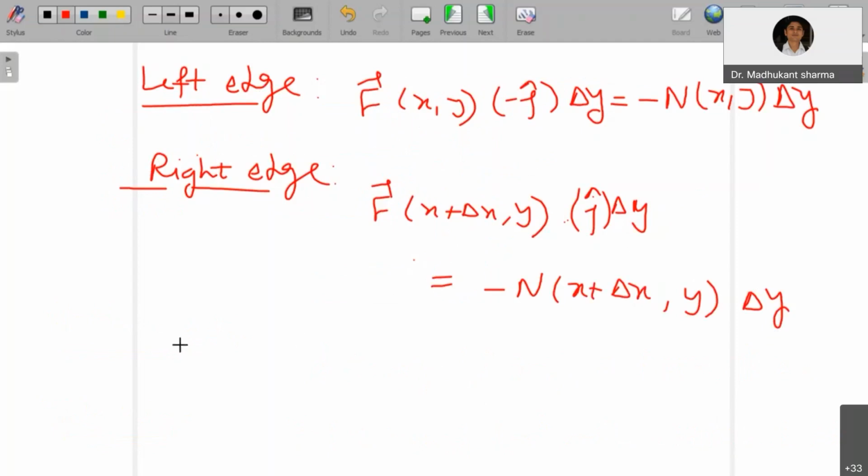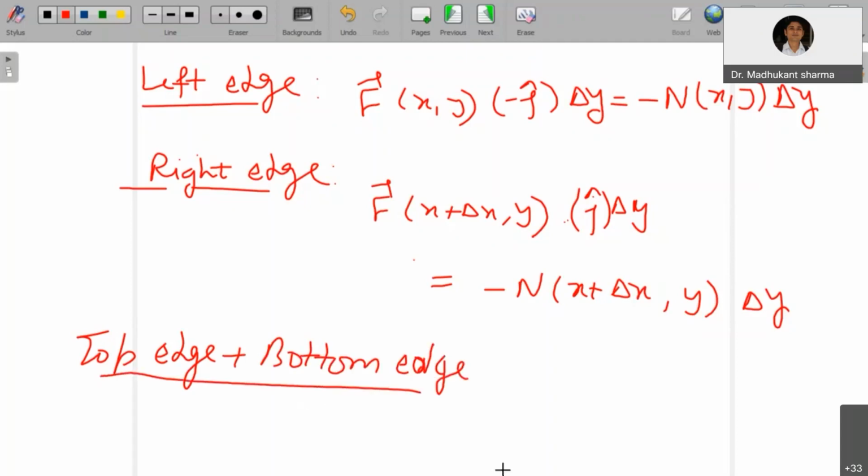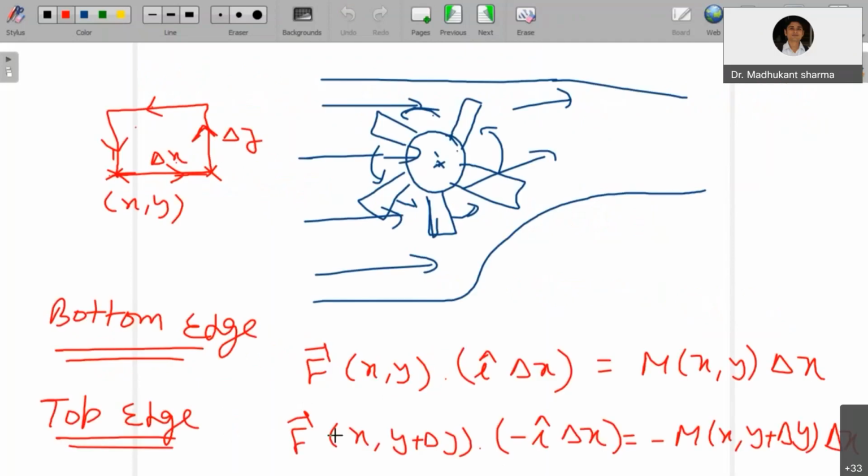Now if you look at the top edge plus bottom edge, it is approximately M of x comma y minus M of x comma y plus delta y, times delta x.